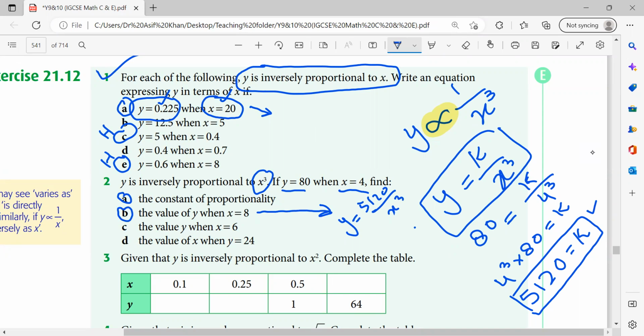In place of x, you have to write 8 for part B. So first of all, note down this part, then we will solve part B. Sir, for part B the value of y you have to find, then why will we use k, the same 5120? K is the constant of proportionality. It will remain the same for all parts. Once you calculate k, it will remain the same for all parts.